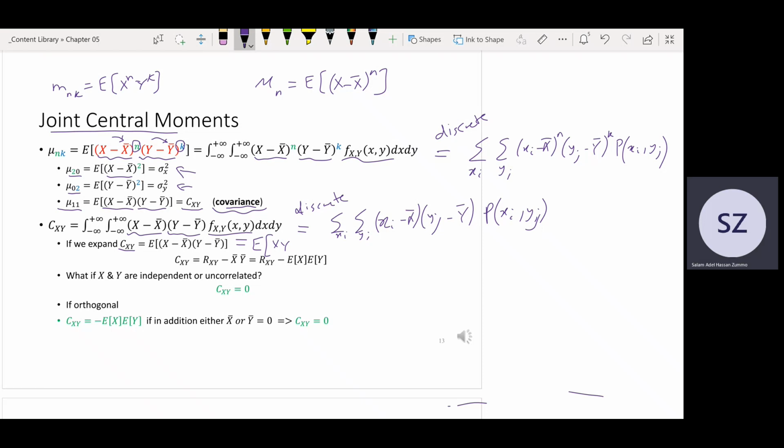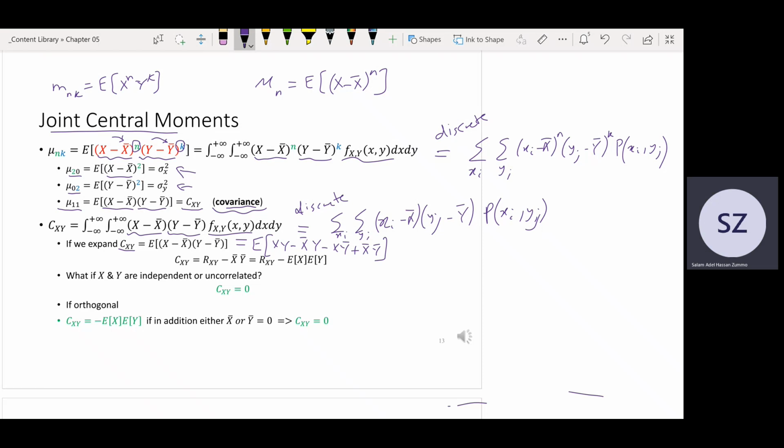And then minus, what do we have? x multiplied by y bar, minus x bar multiplied by y, and then plus x bar y bar. All of this is inside the expectation.